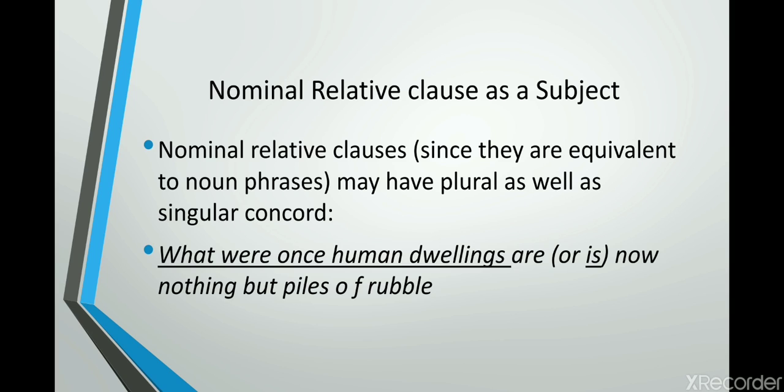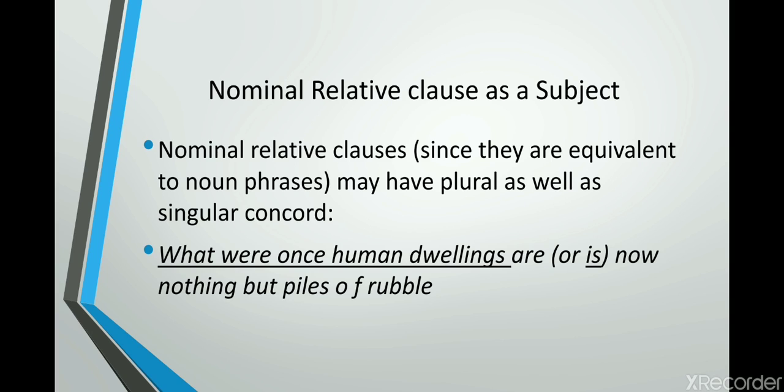Now, if we have a nominal relative clause as a subject, how do we consider this? When we have a nominal relative clause, a clause that starts with what, who, etc., since these clauses are nominal, equal to a noun, we consider them as singular, or we can use them as plural.